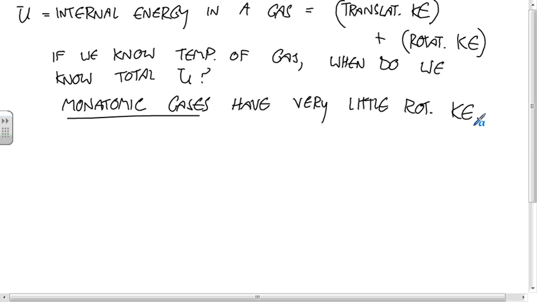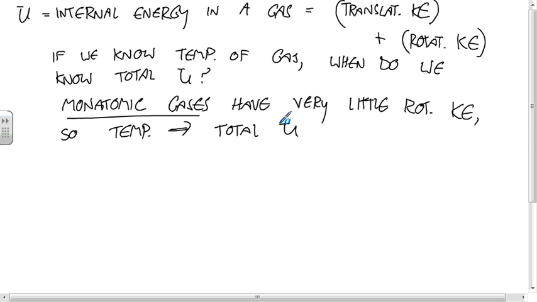And the temperature tells you the translational kinetic energy, which is basically all you have for monatomic gases. And so for monatomic gases, if you know the temperature, you know the internal energy. So the temperature gives the total U.